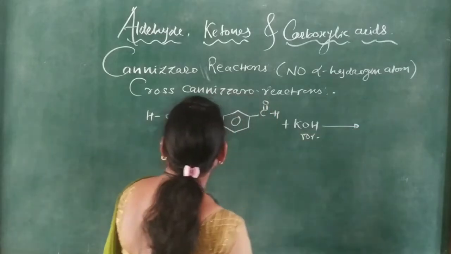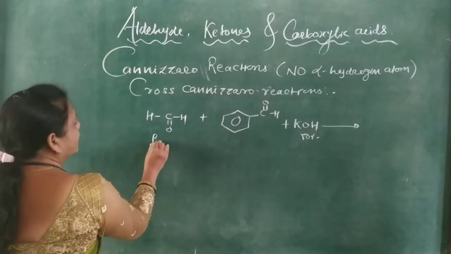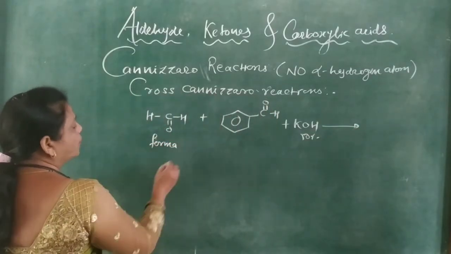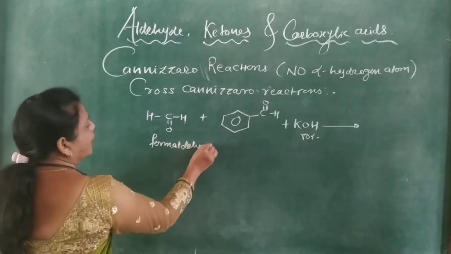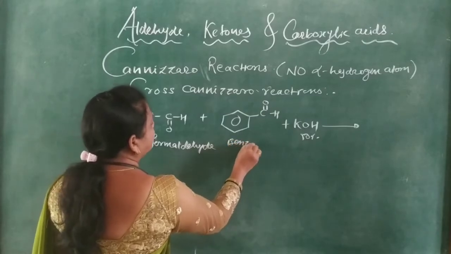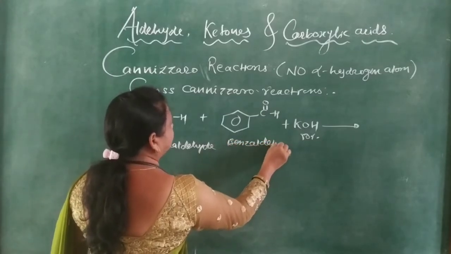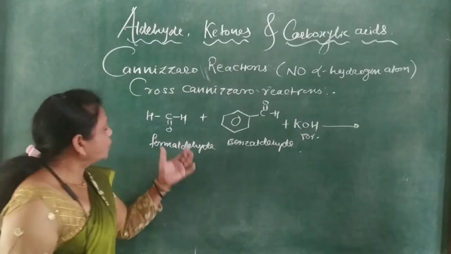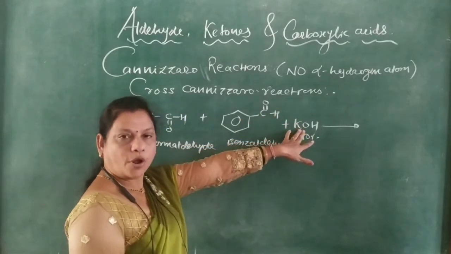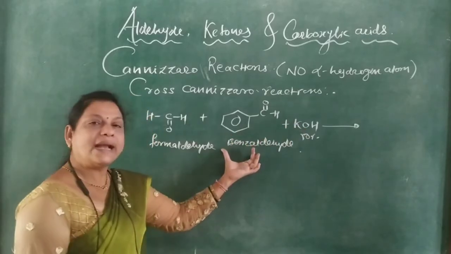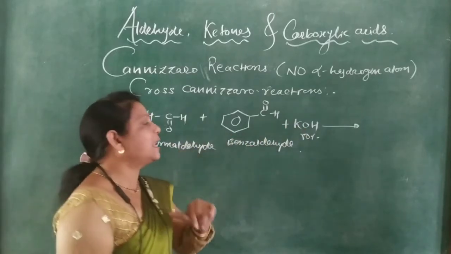So formaldehyde is oxidized to potassium formate, whereas benzaldehyde is reduced to benzyl alcohol.